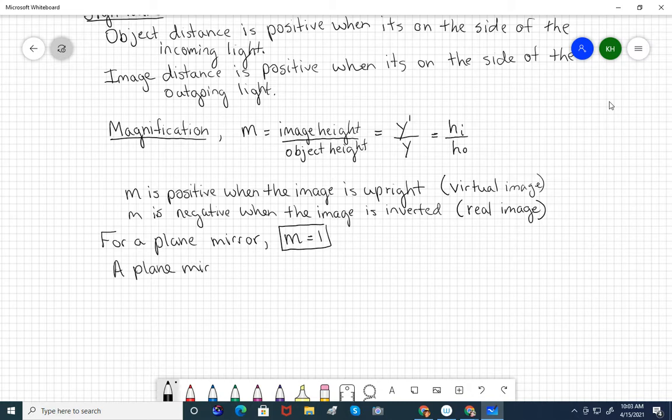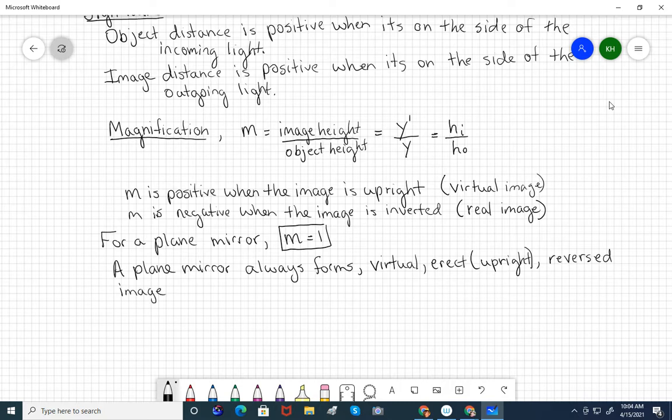A plane mirror always forms virtual, erect images. Sometimes I use the word erect, but more often lately I see them use the word upright. And reversed images. The only part we haven't talked about is what it means that it's reversed.